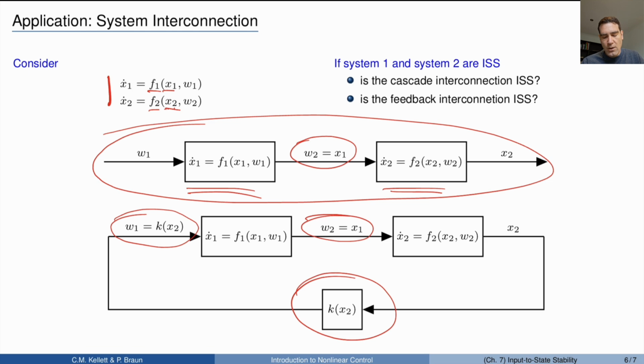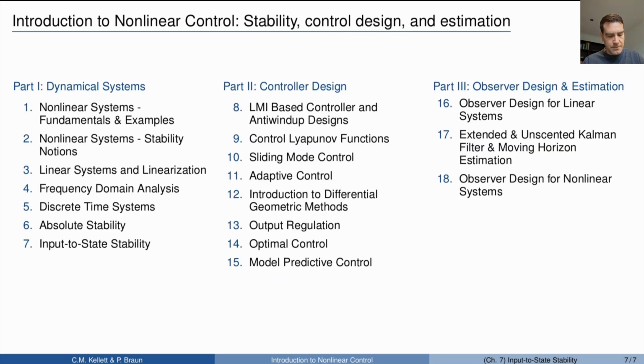So again, what are the conditions on K such that this overall feedback interconnection is input to state stable? Okay, you find the details in the book, it again boils down to corresponding ISS Lyapunov characterizations.